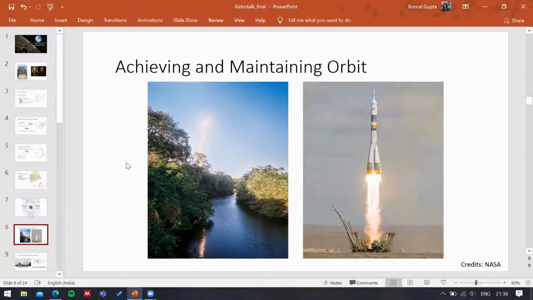But in general, the amount of energy required to place an orbit is a fairly straightforward calculation. In addition, transfer orbits are often used to move satellites from one orbit to another, and that is something that we are not going to discuss today.